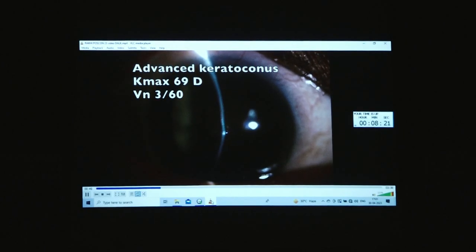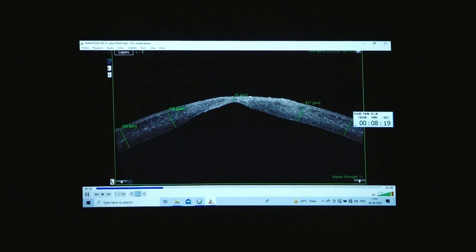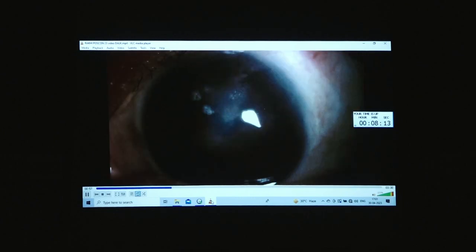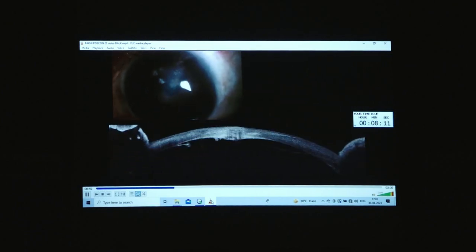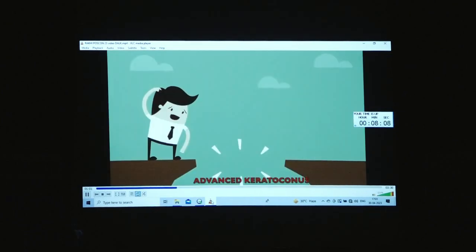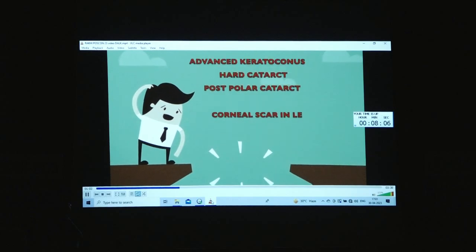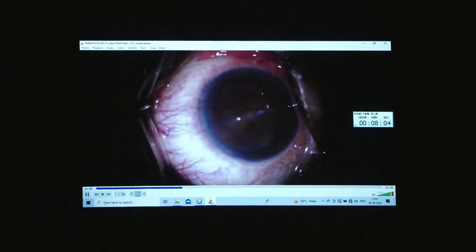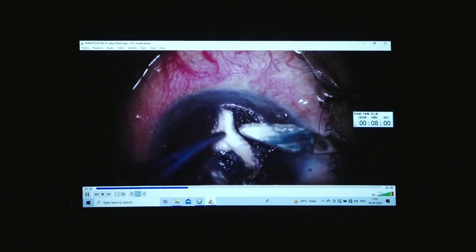Here I go with my first case, a 28-year-old lady with advanced keratoconus and with hard cataract with posterior polar component. The other eye had a failed graft, so overall vision was 3/60. So I gathered all my courage to perform DALK and phaco. Till IOL implantation all went well.